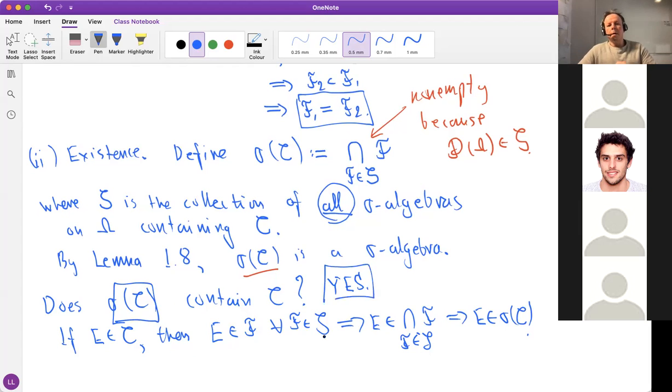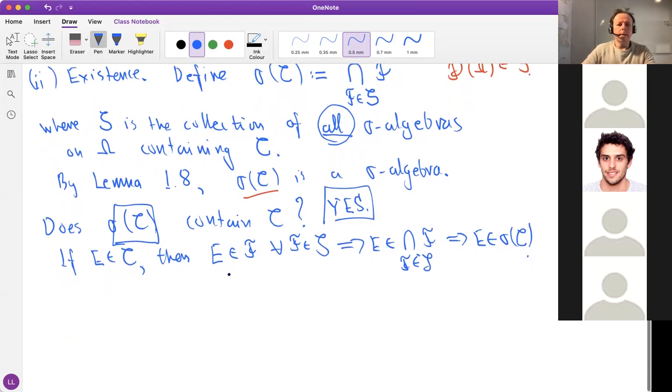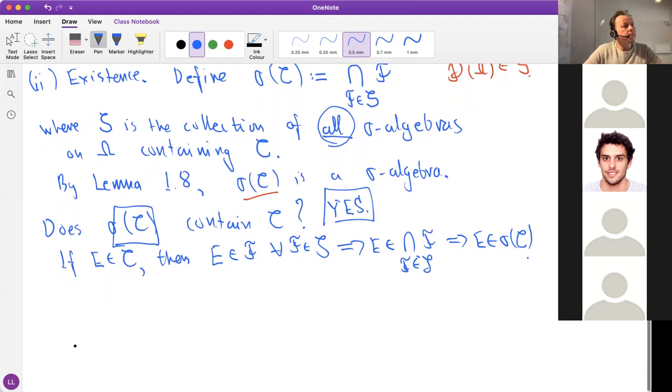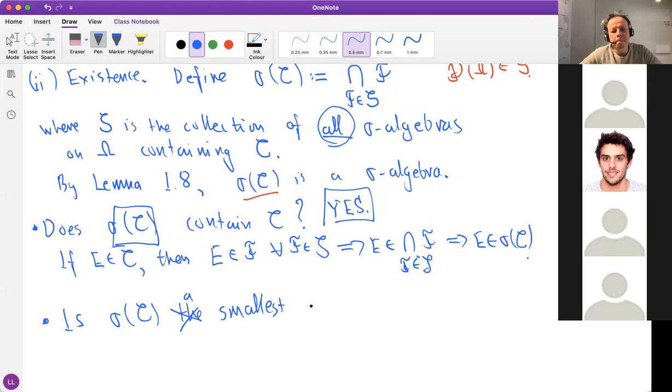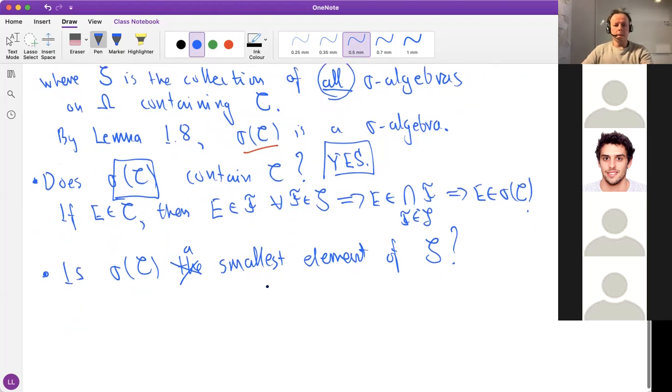And then we still ask, is this the smallest? So we are actually asking, finally, is sigma of C a smallest element of S? Let's study this.